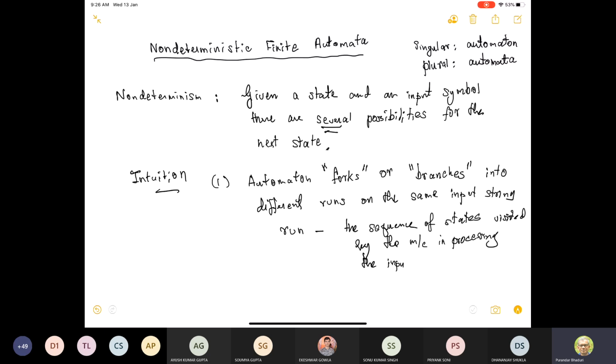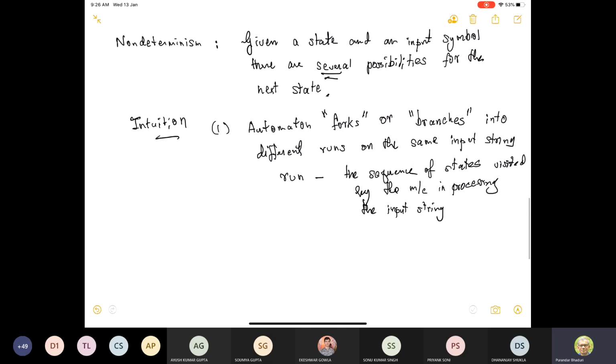So you can give a formal definition of that. I'm not doing that. You can imagine what that definition is. So you can think of the automaton branching into different runs. On the same input string, there are different runs of the automaton. Whereas for a deterministic automaton, given a string, there is a unique run, a unique sequence of states it will go through. But for a non-deterministic automaton, because there is a choice of next state, there may be several runs on the same string, or there may not be any run at all.